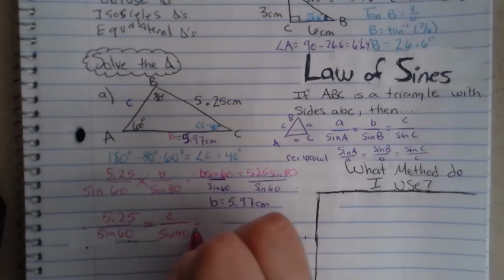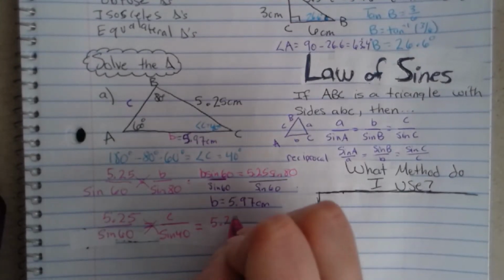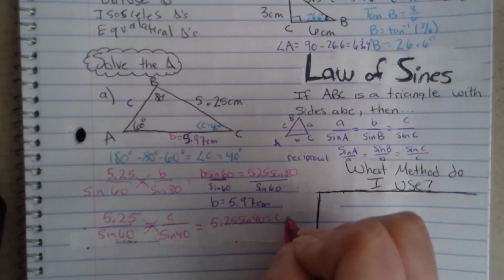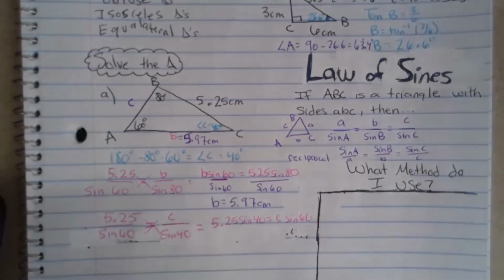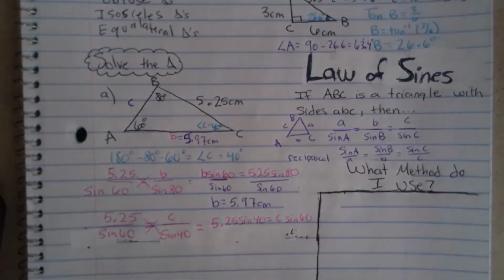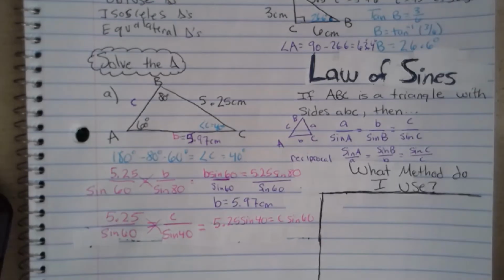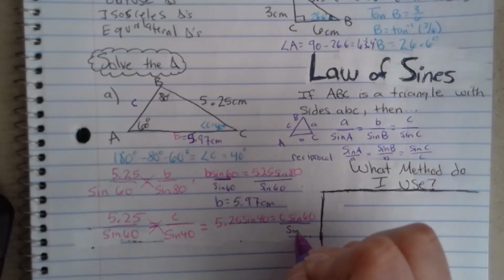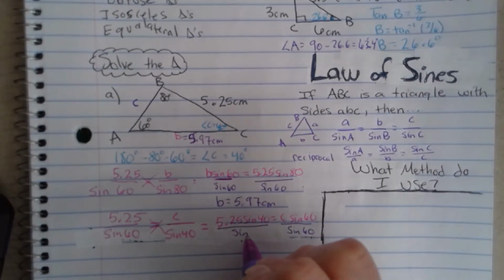Again, we cross multiply: 5.25 sine of 40 equals c sine of 60. If you noticed, I kind of switched positions. It doesn't matter which one comes first when you cross multiply. We're then going to divide by sine of 60 to get c by itself.